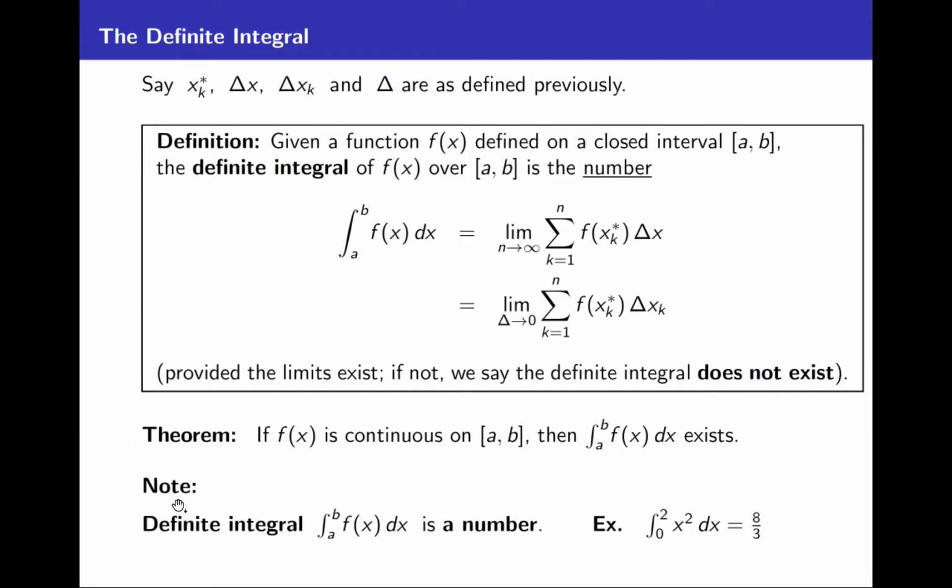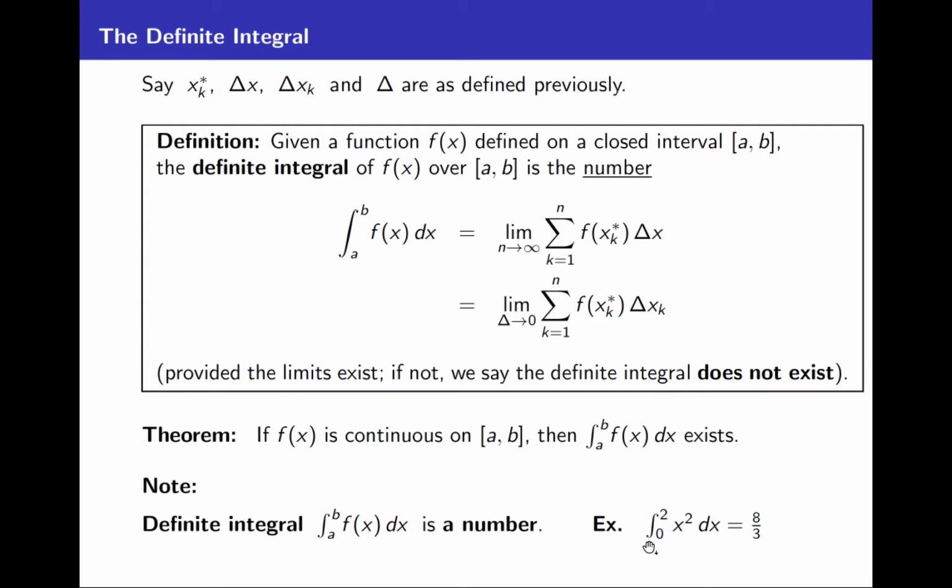I want to remark here that the definite integral from a to b of f of x dx is a number, okay? It's a number. For example, think about the definite integral from 0 to 2 of x squared dx. According to our definition, that gives the area under the graph of y equals f of x equals x squared between 0 and 2.